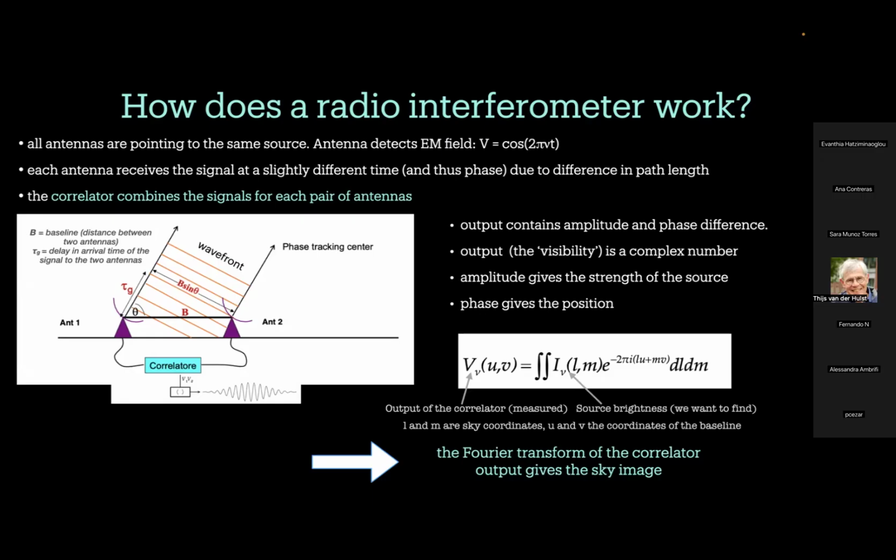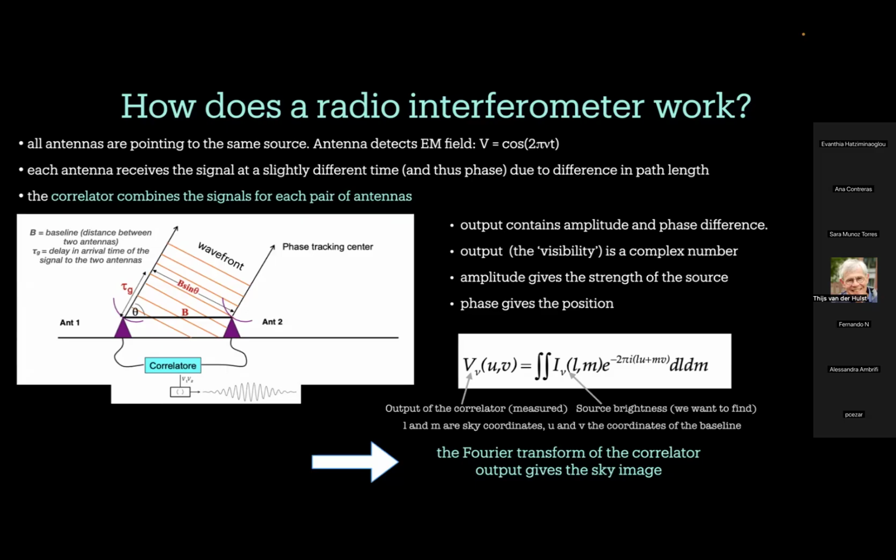So what happens is the signal of this one is a cosine term, and the signal of this one is multiplied and averaged over time. That gives what is called the visibility of the interferometer. And because it contains an amplitude and phase, you can represent it as a complex number. And a complex number has an amplitude and a phase.